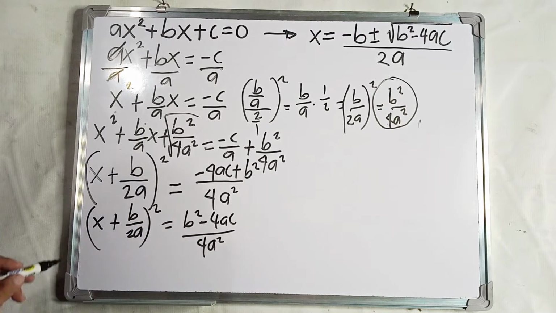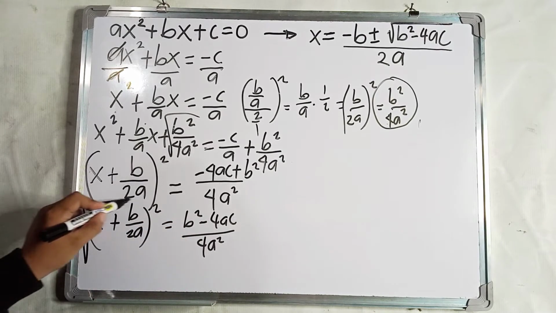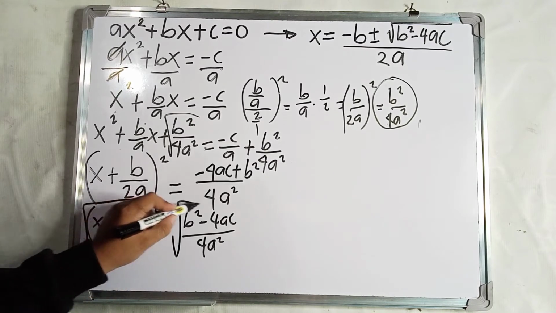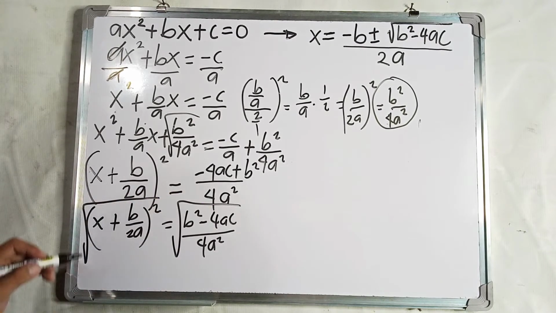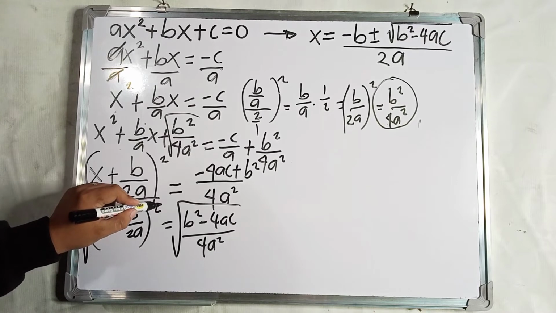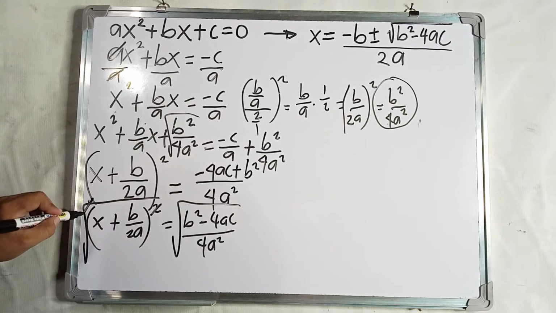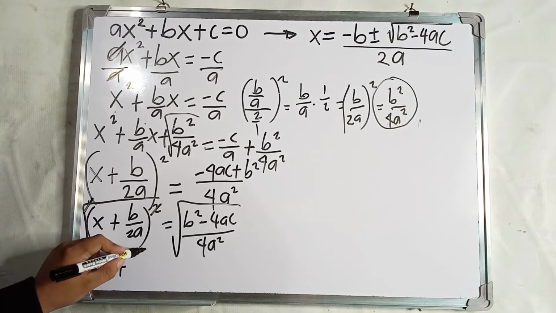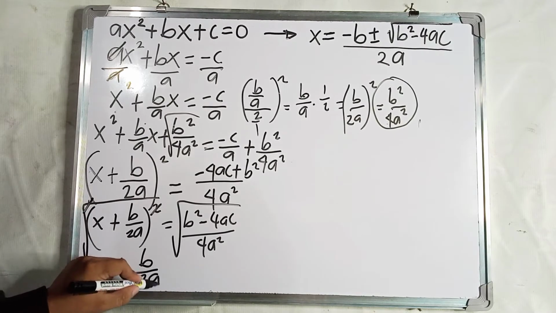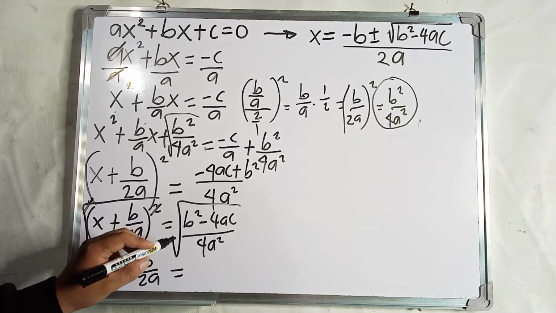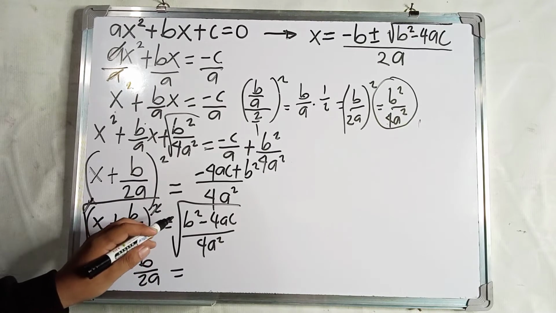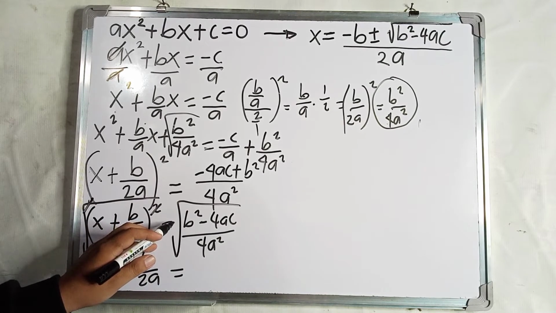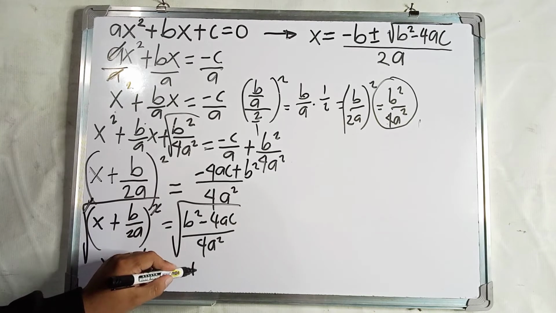Then we are going to take the square root of both sides of the equation. So this square root and this square root will cancel. What remains is x plus b over 2a is equal to, since the root of a number has two values, positive and negative.